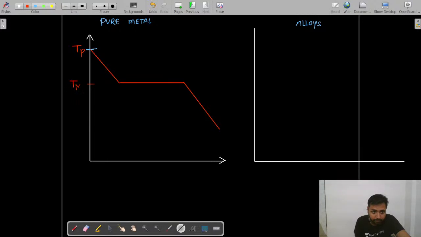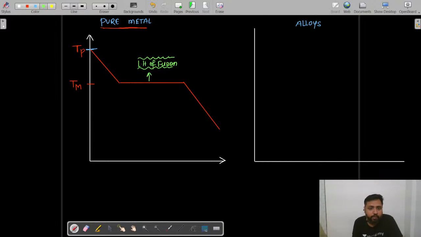Melting temperature. From melting temperature, you see, this is a pure metal, a pure substance. In case of a pure substance, latent heat of fusion comes out. Latent heat of fusion जो होता है, that comes out at constant temperature.